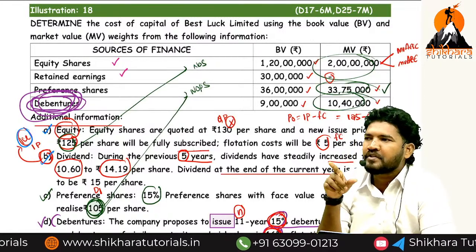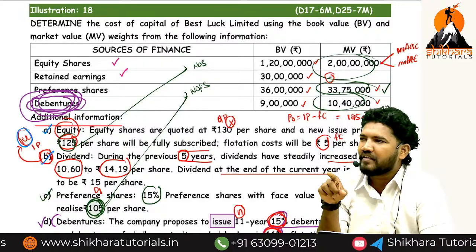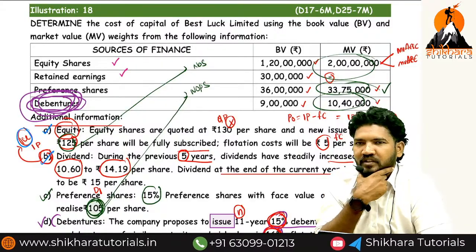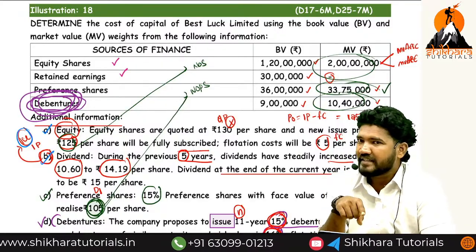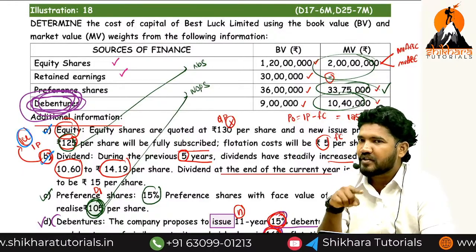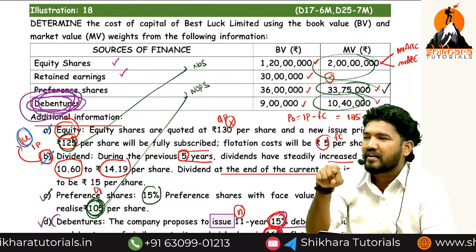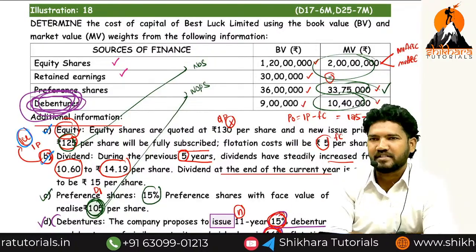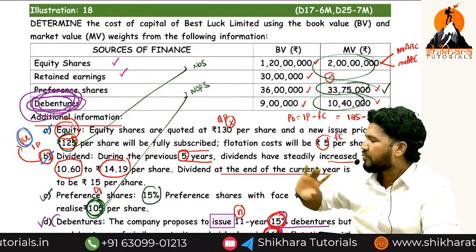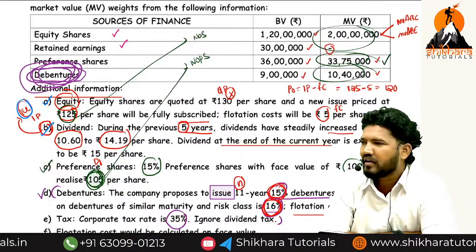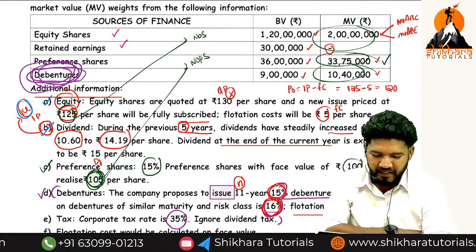Other companies issue at 100 rupees and give interest of 16%. Best Luck is providing less interest. But why would an investor purchase these debentures? Because they are sold at a discounted price. That's the conceptual point you have to understand. What does discounted price mean?